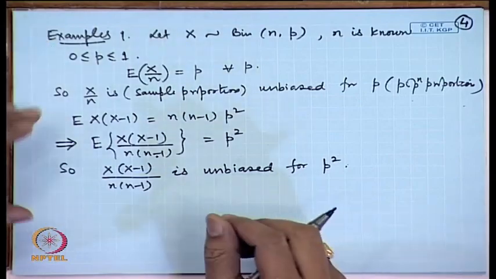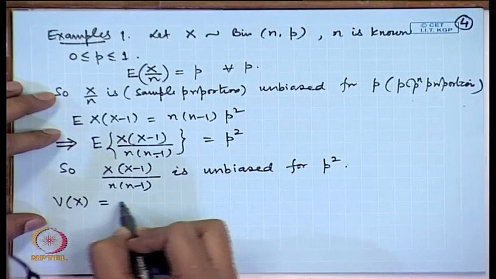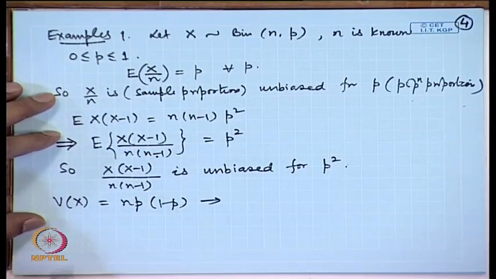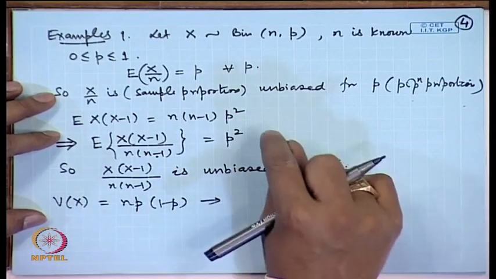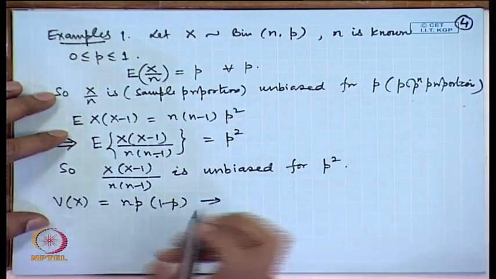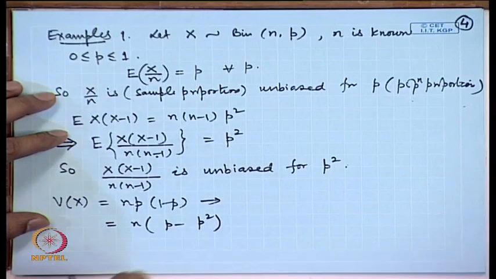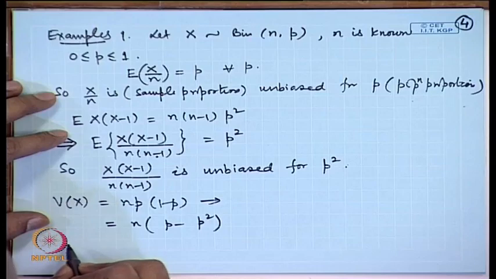In yet another application, we may be interested to estimate the variability of this binomial distribution. That means, variance of X, that is np(1 minus p). Suppose we are interested to estimate the variance of the binomial distribution, then we can make use of the estimators of p and p square and substitute here, because this is equal to n times (p minus p square). Now, for p and p square we have already obtained the unbiased estimators.